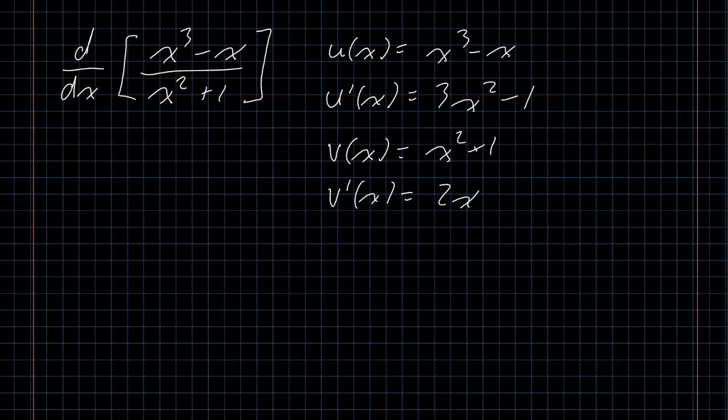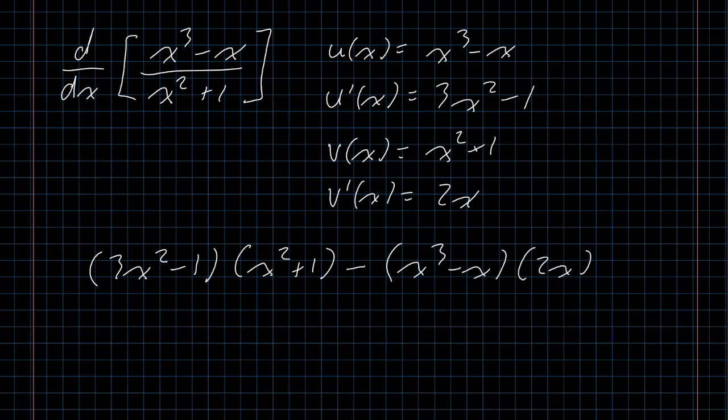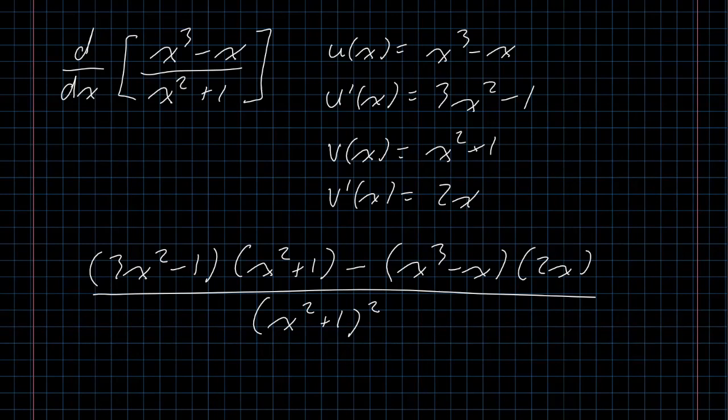And with that, instead of trying to split up things any other way, I can just use the quotient rule. u prime times v minus u times v prime, all over v squared.